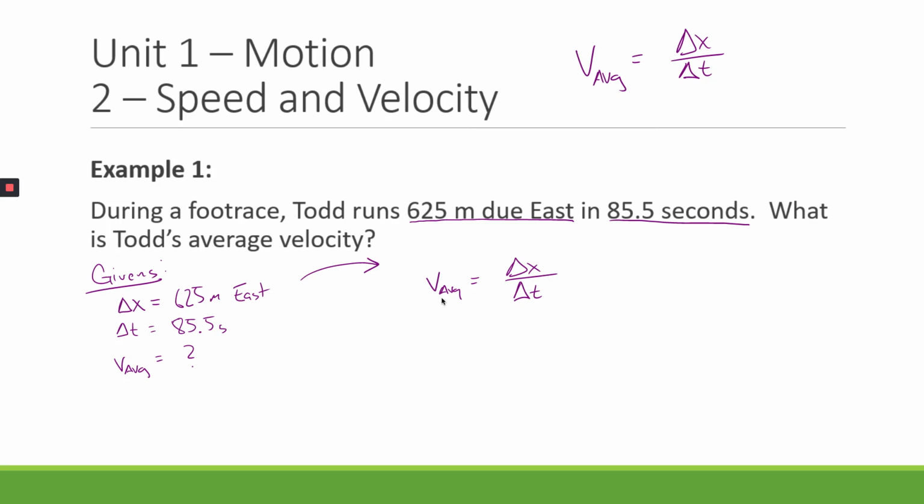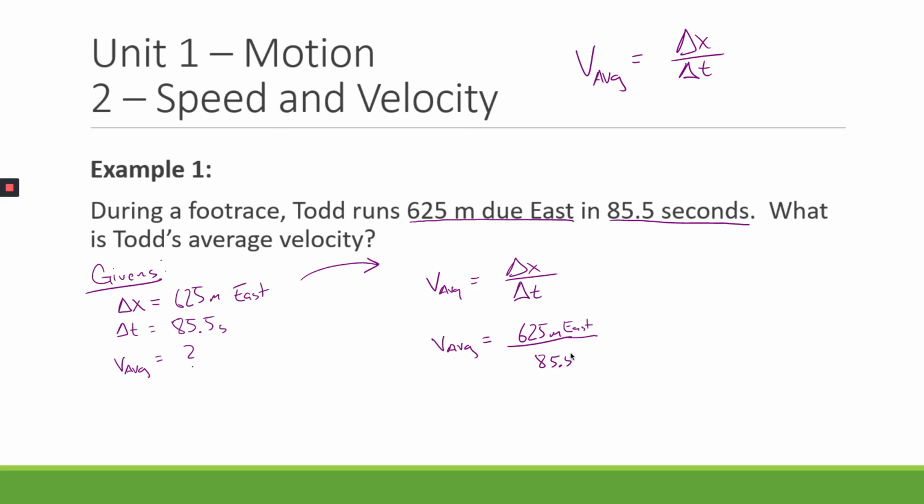V average, we don't know, so that gets written as an unknown still. Delta x we do know, 625 meters east. And our delta t we know as well, 85.5 seconds.